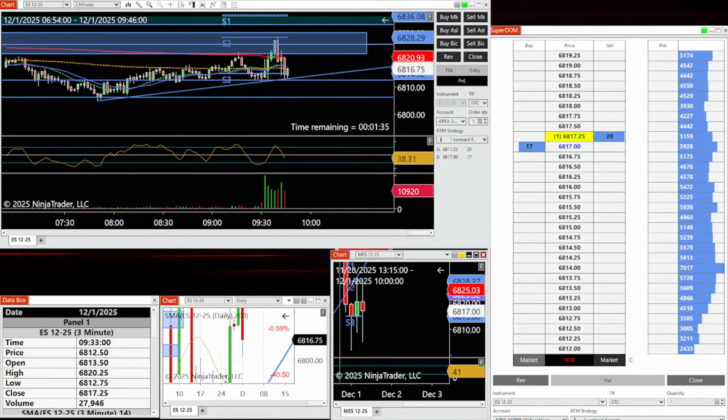We're getting some support down here around the 13-14 level.